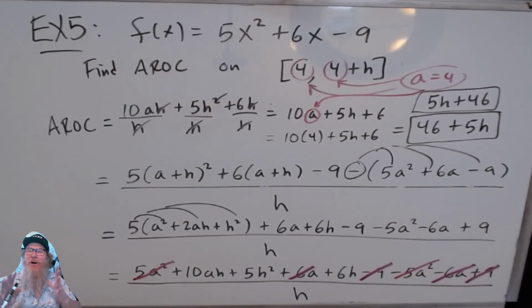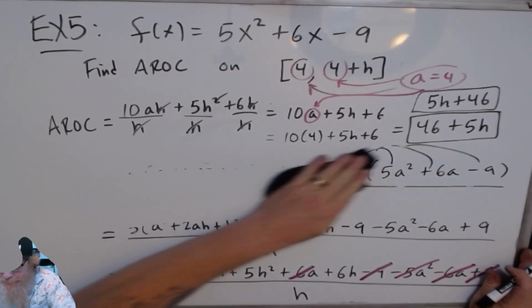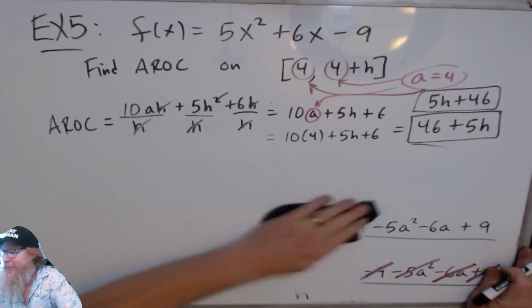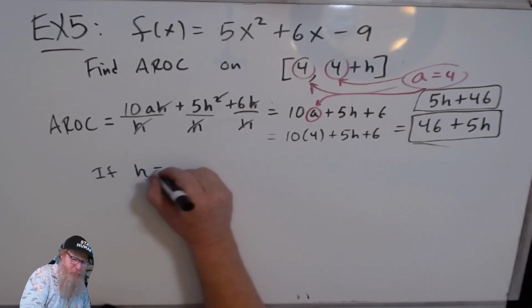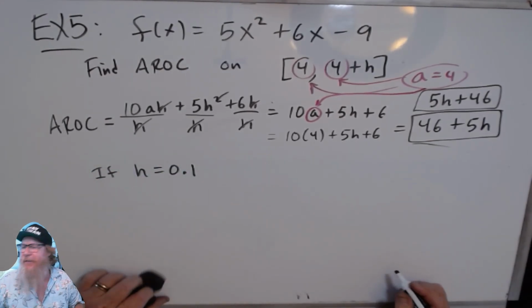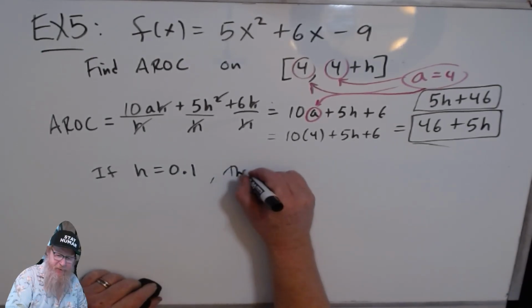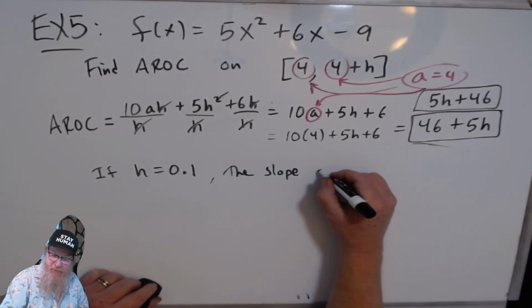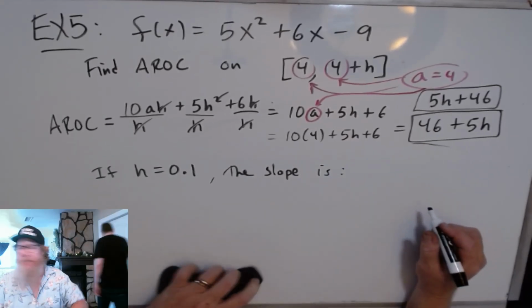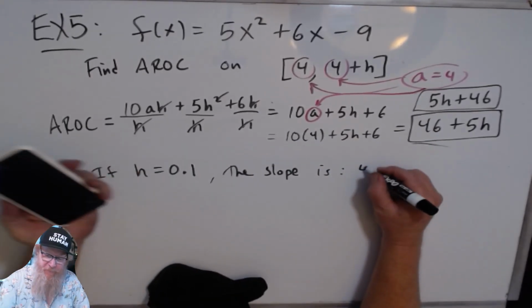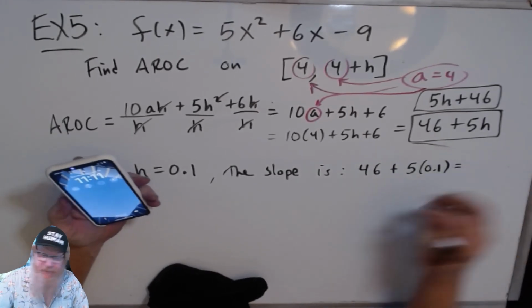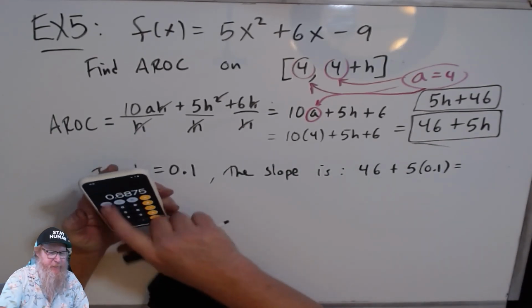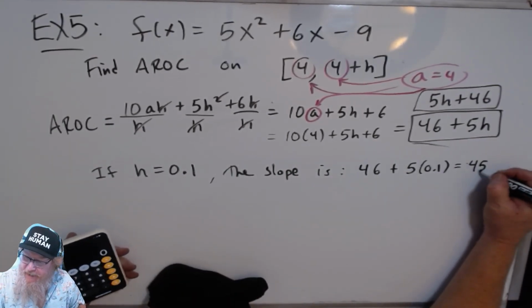As h gets smaller and smaller, let's see what happens. So if h was 0.1, then the slope would be 46 plus 5 times 0.1. I don't really need my calculator, but I'll do it anyway. It would be 45.5.